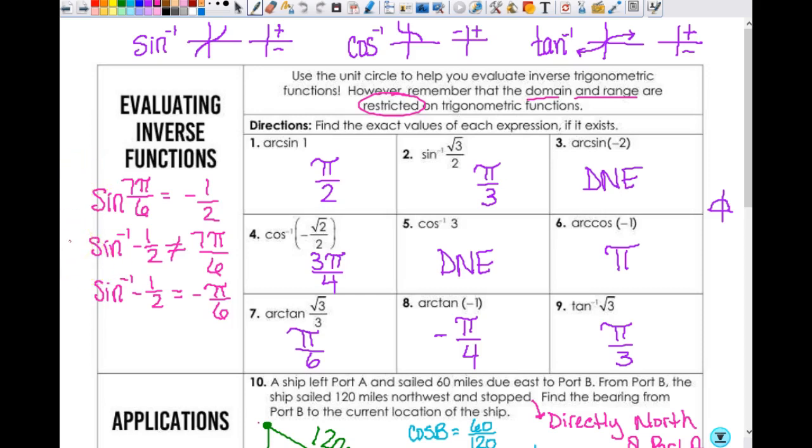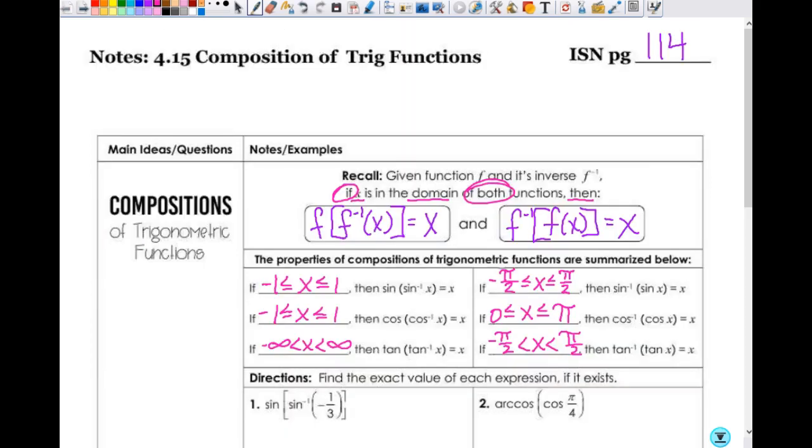So this stuff right here is basically what we're doing. I just didn't write it as a composite function. So I'm going to rewrite this exact same thing as a composite function, which is what we're looking at today. Up here at the top, I want you to write that the sine inverse of the sine of 7pi/6 does not equal 7pi/6.